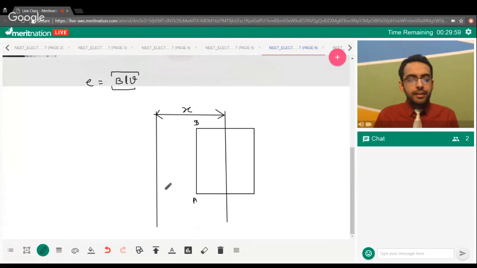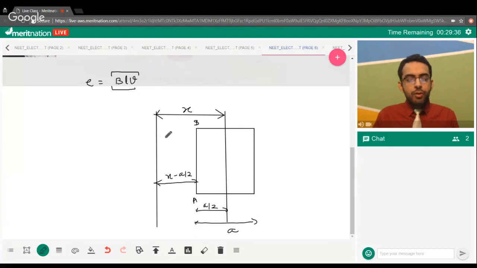So firstly, find the distance between the wire and side AB. If this complete side is A, we can say this half is A by 2. So this becomes X minus A by 2.